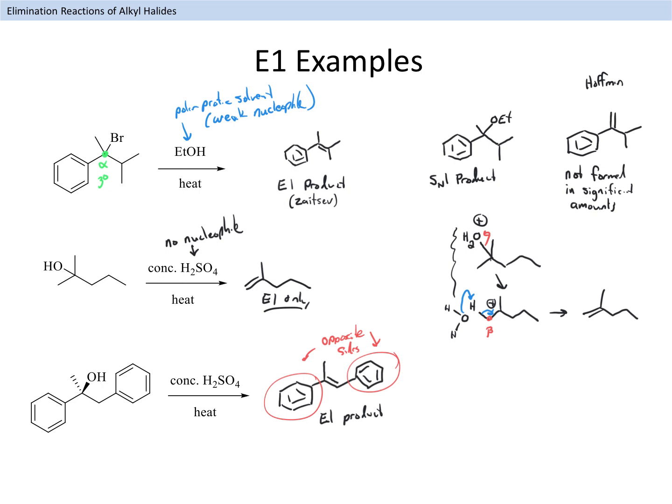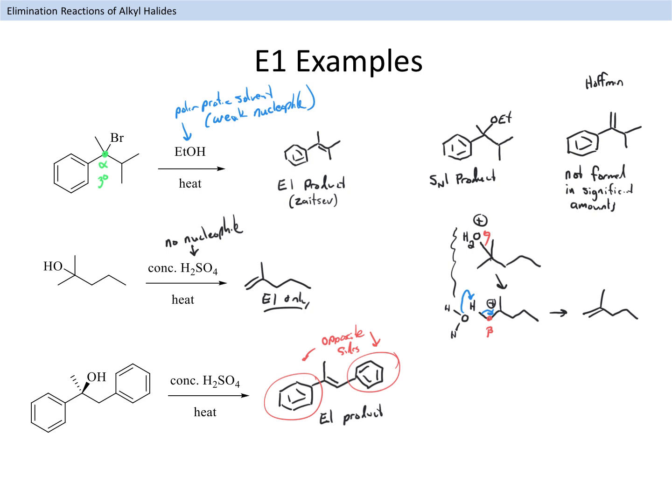1. Tertiary carbon centers. Notice that each substrate has a tertiary carbon where the leaving group is attached, allowing for the formation of a relatively stable carbocation intermediate. 2. Polar protic solvents. The solvents used, such as ethanol or concentrated sulfuric acid, help to stabilize the carbocation intermediate.